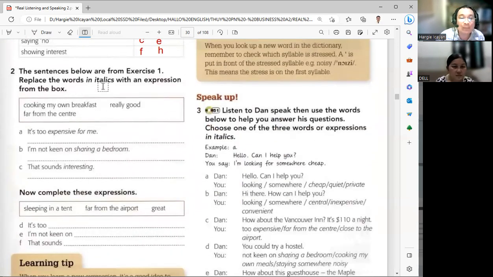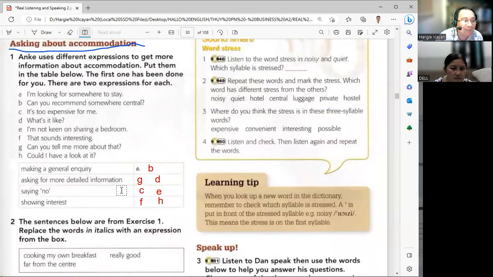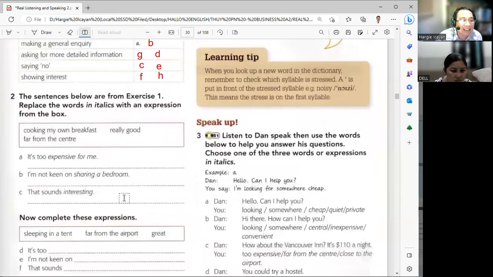The sentences below are from exercise 1. What we can do is replace the words in italics, that means expensive, sharing a bedroom, interesting, with an expression from the box in here. So what do you think?